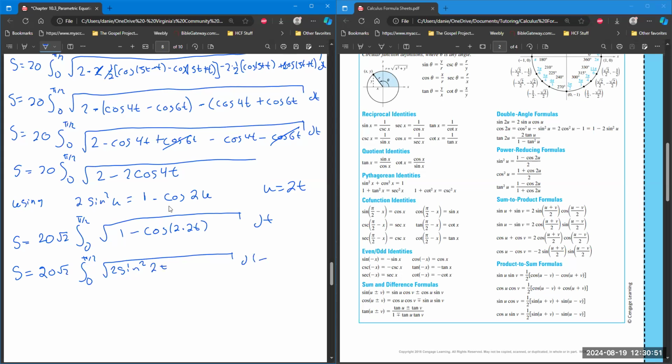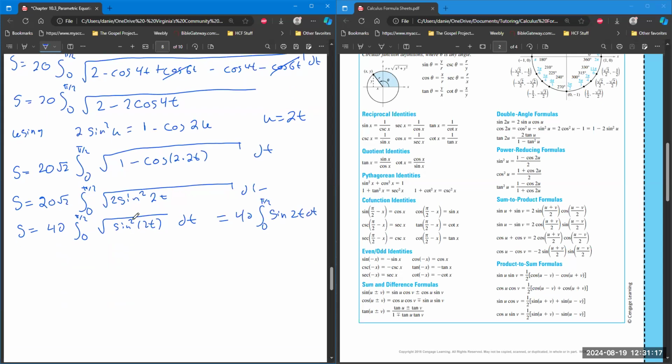So I have another root 2 to pull out, and that's going to be 2 times 5 is 10, 0 to pi over 2 of square root of sine squared of 2t dt, which is going to be 10, 0 to pi over 2 of sine of 2t dt.